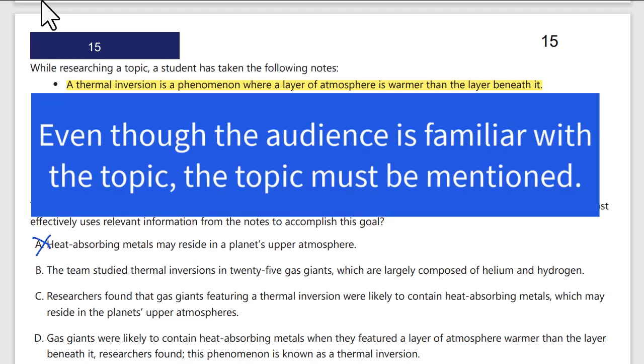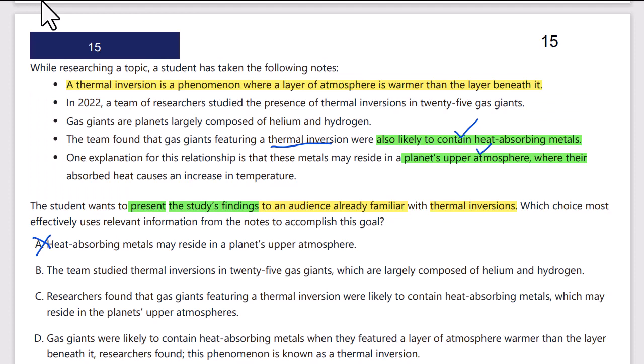So A is not going to be correct. B, the team studied thermal inversions in 25 gas giants, which are largely composed of helium and hydrogen. Okay, so among the studies, this is what they studied. This was not the findings. So if it's not the findings, it can't be the right answer. This is the wrong part of the study indicated, the wrong bullet point.